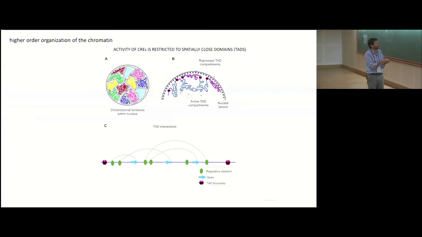These regions of the DNA are called topologically associated domains. This is a way of confining long-range regulation to specific segments within the chromatin. This is a higher level organization of the chromatin.